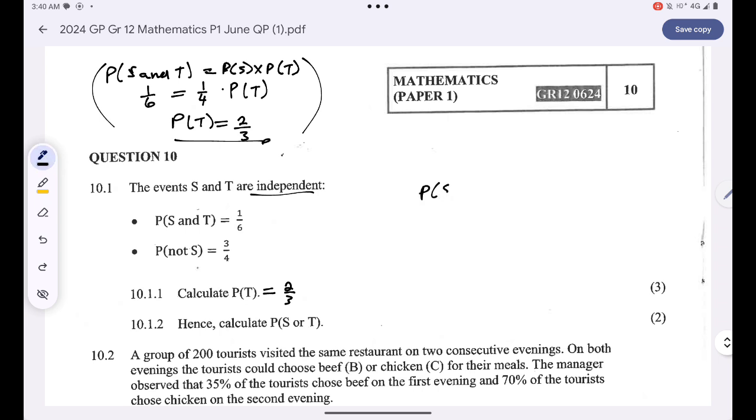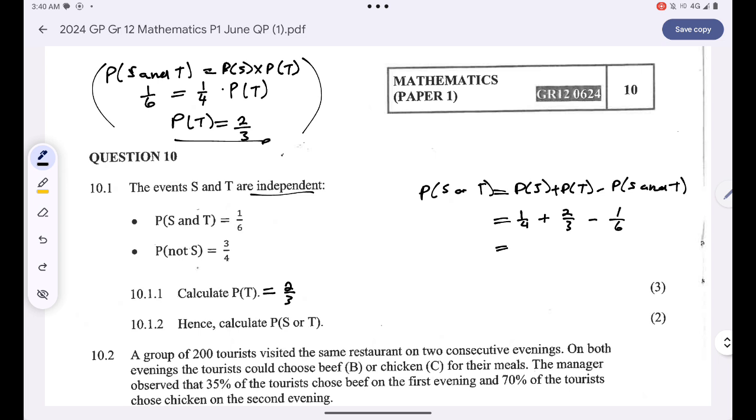And hence we must calculate the probability of S or T. The probability of S or T is the probability of S plus the probability of T minus the probability of S and T occurring. That's 1 over 4 plus 2 over 3 minus 1 over 6.